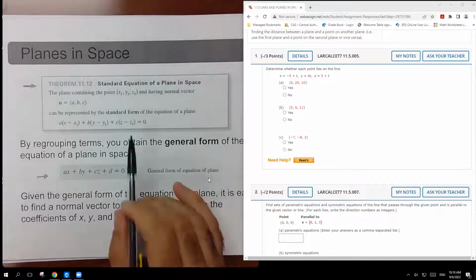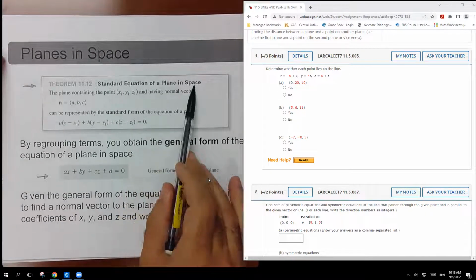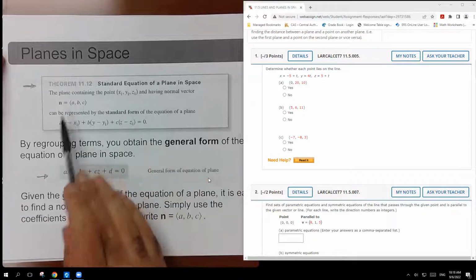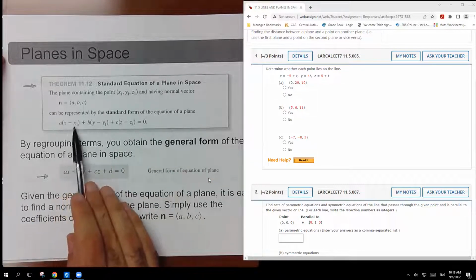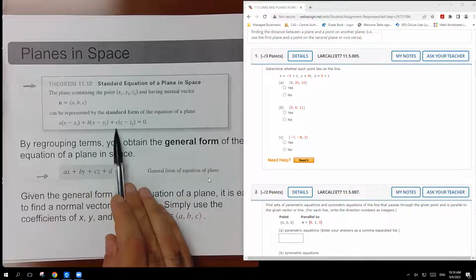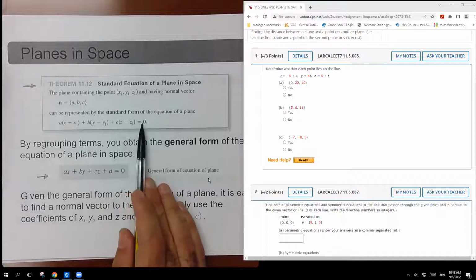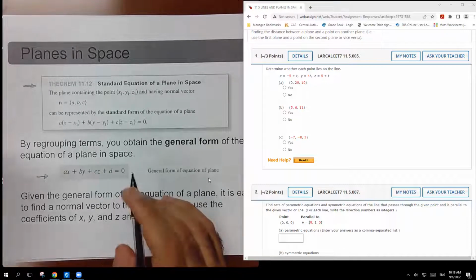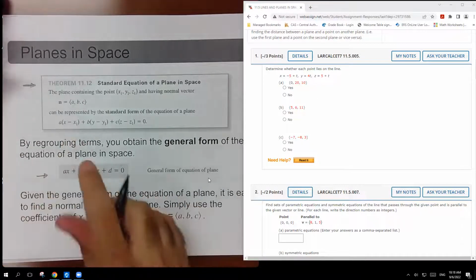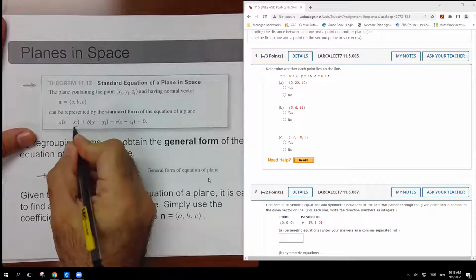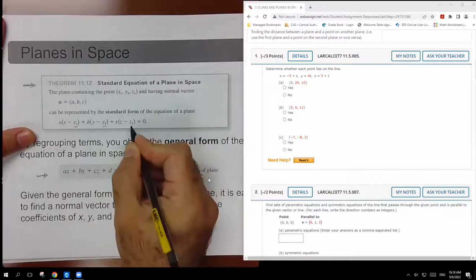The standard form of the plane in space: they give you a point, having a normal vector. So it's going to be a(x minus x1) plus b(y minus y1) plus c(z minus z1) equals 0. Now, in this case, x1 is a number, y1 is a number, z1 is a number.